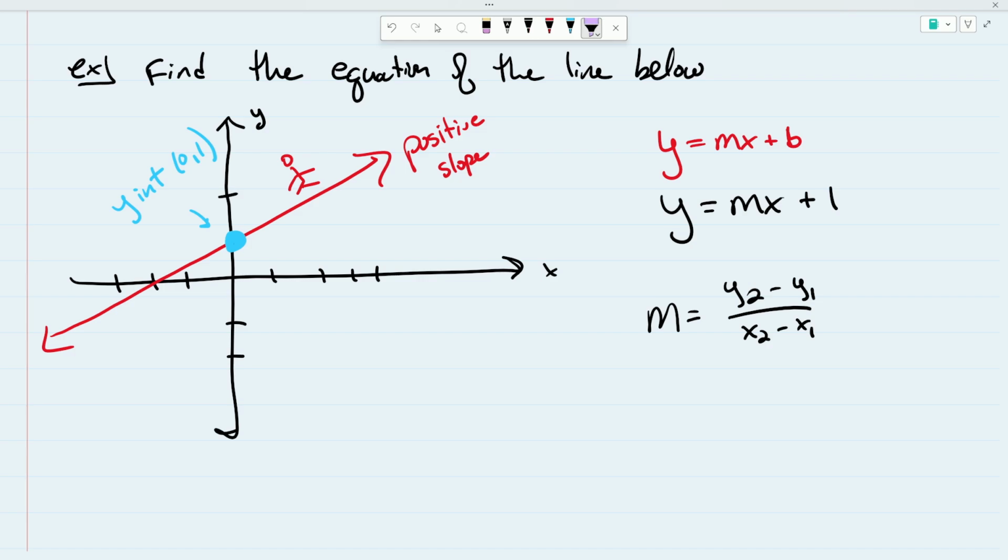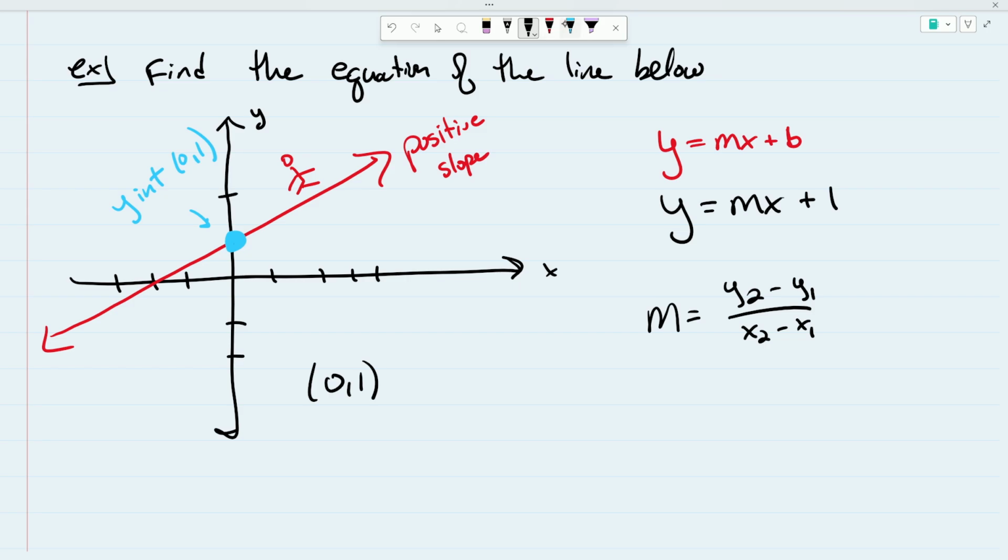These little subscripts that I'm highlighting on the board right now, all they refer to is the first point and the second point. That's it. Well, we already have 1 point, (0, 1), and that's fantastic. So I'm just going to write that down below here. We have the ordered pair (0, 1), and we need another ordered pair. And I gave you a really, really nice one.